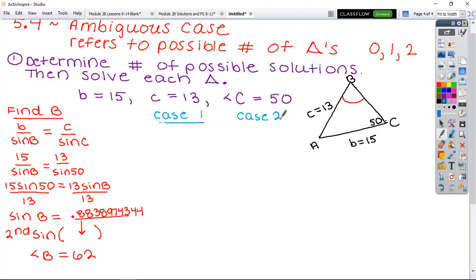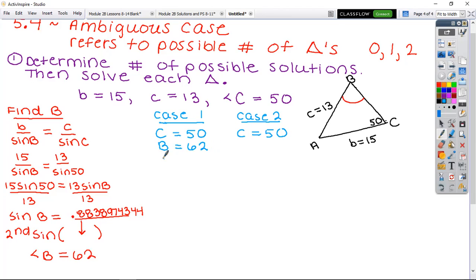What you're going to do is take the angle that the problem gave you and write it twice. That one doesn't change. So C is 50 degrees for both possible triangles. Now I'm going to grab the one I just found, which was angle B, 62 degrees.